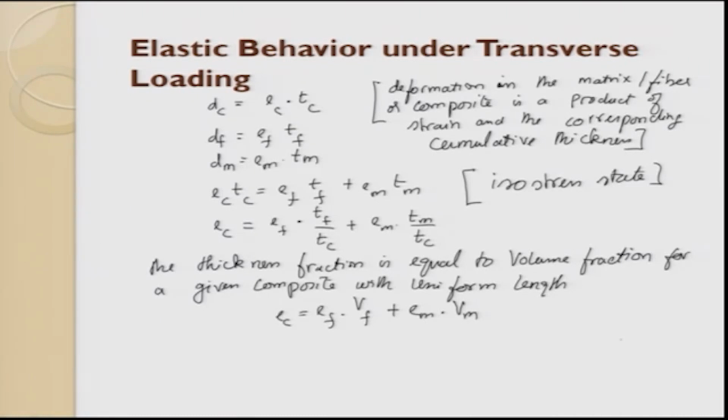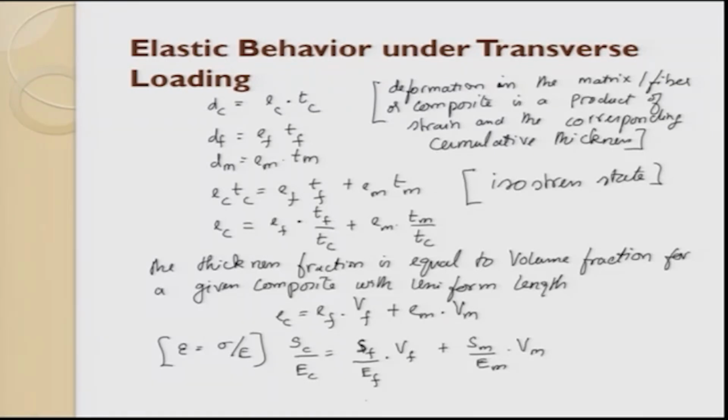So when the constituents are assumed to deform elastically, the strain can be written as sigma by E. So this can help in writing S of C divided by E of C is nothing but S of F divided by E of F into V of F plus S of M divided by E of M into V of M.